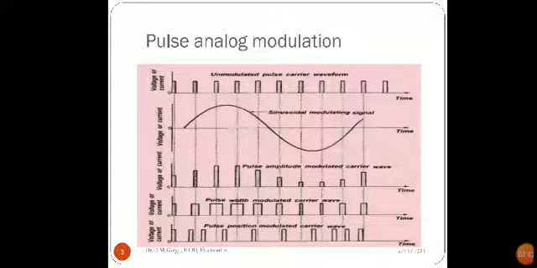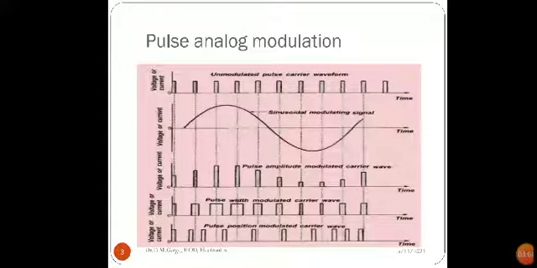In the third waveform, the amplitude of the carrier, meaning the amplitude of the pulses, is changed according to the instantaneous amplitude of the modulating signal. So this third waveform is the PAM output.